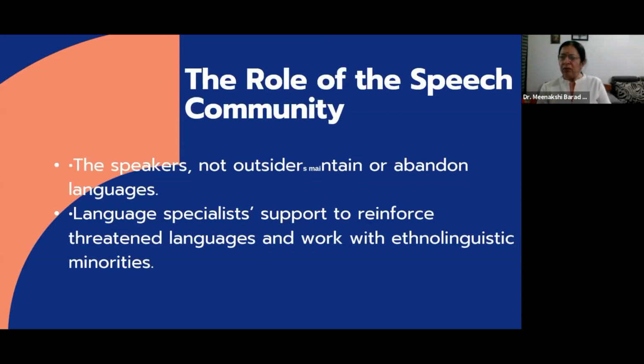And in the end, it is the speakers, not the outsiders, who maintain or abandon languages. Still, if communities ask for support to reinforce their threatened languages, language specialists should make their skills available and work with these ethno-linguistic minorities.